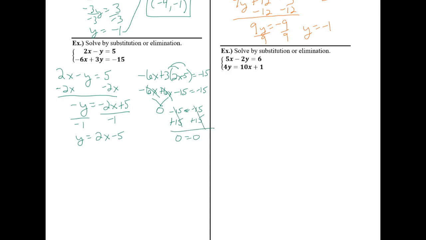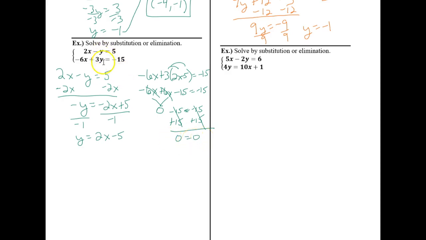Now what does that mean? My variable is gone, so I can't get a specific point. So that means that the answer is not going to be 1 point or one solution. This means it will either be infinitely many solutions or no solution. Since we ended up with 0 equals 0, or if you stopped up here, negative 15 equals negative 15, we've ended with a true statement, an identity statement.